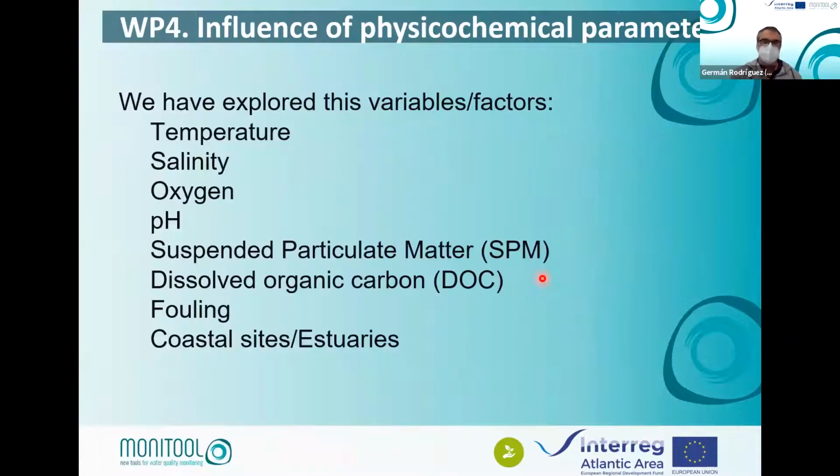We have explored these variables and others, but today we are only going to speak about these: temperature, salinity, oxygen, pH, suspended particulate matter, dissolved organic carbon, fouling, and we have also compared whether there are differences between coastal sites and estuaries.